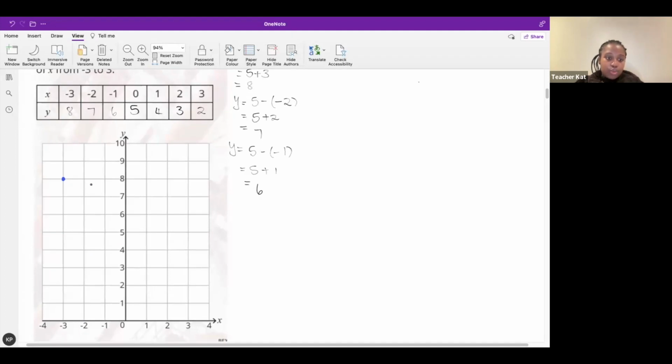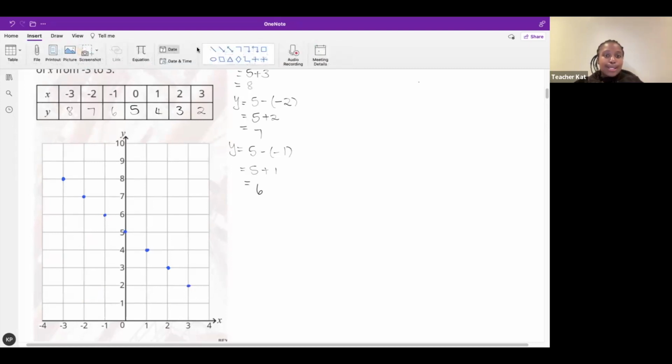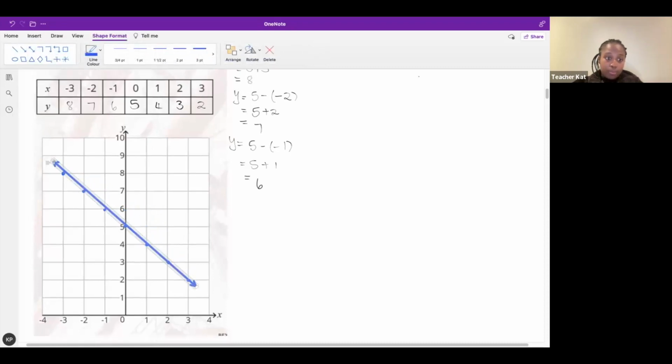My -2 is going to go with 7. -1 with 6. 5, 4, 3, and 2. And because I'm not the most artistically gifted person on earth, I am going to use a line. Oh, there we go. Make it thinner to see.